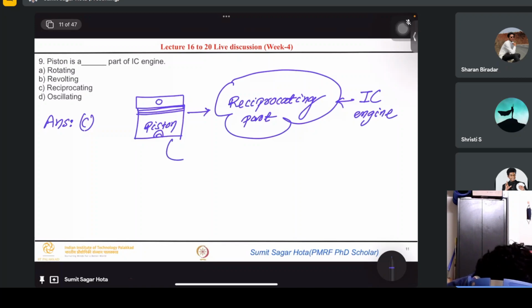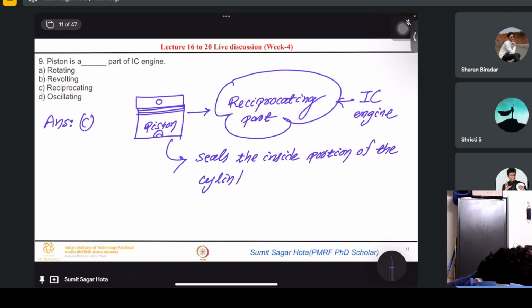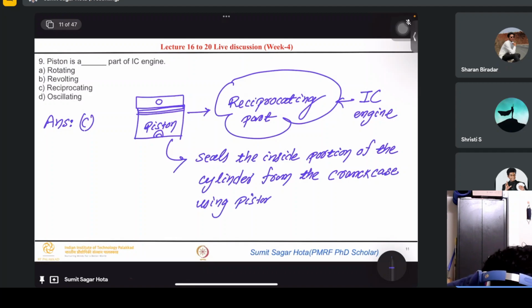Okay, so what exactly will it do? Okay, these are the piston rings.